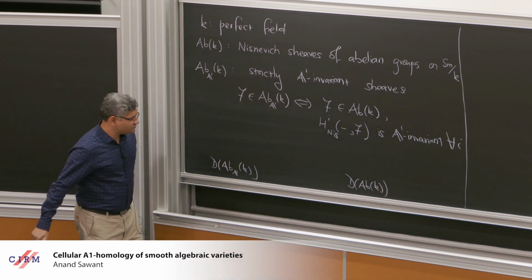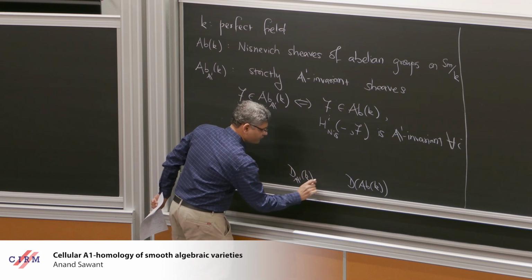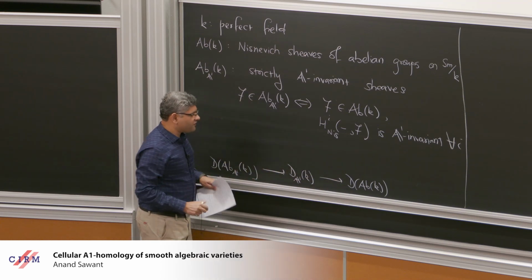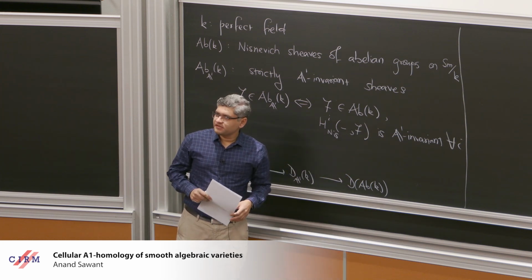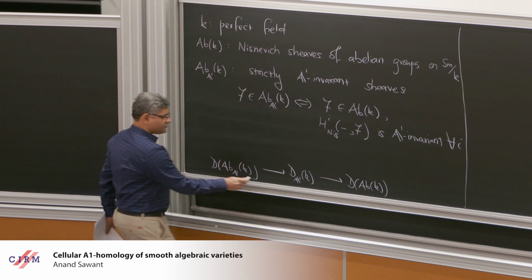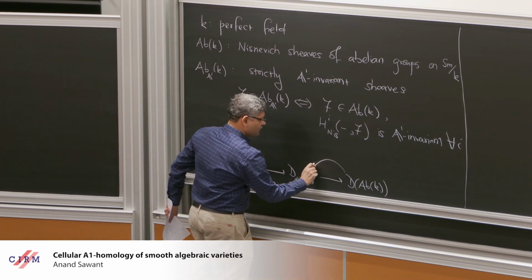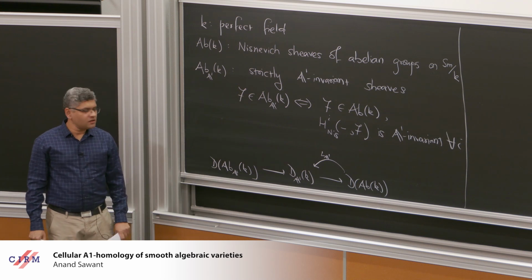Between these two is the so-called A1 derived category, which is defined as the full subcategory of so-called A1-local complexes. This natural map has a left adjoint, which is called the A1-localization functor.